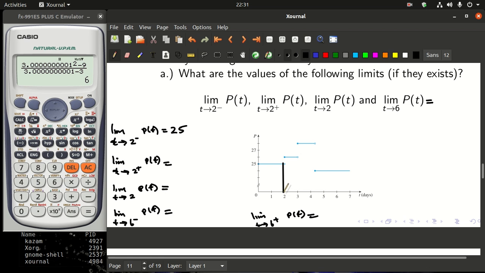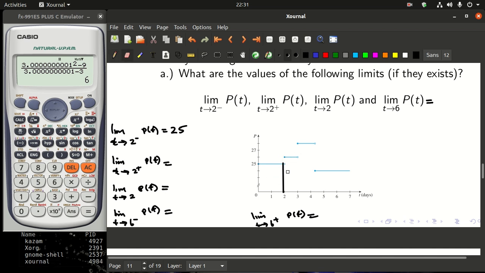You can even see the difference, but I'm supposed to pick a point just on the left of 2 such that the difference cannot be seen, and then I go to the function and see what is the point that I'm hitting there on the curve, and that point is always going to be 25 because this is a straight line.